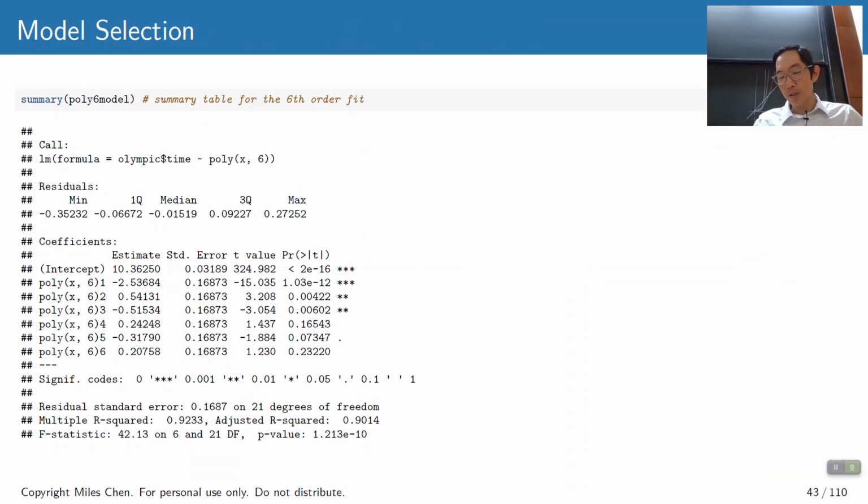So here is the summary output when we have the 6th degree polynomial, okay? And we're looking at all of the different components, linear, quadratic, cubic, and so on and so forth. And these ones are significant and these ones aren't significant. So maybe that just means the 3rd order polynomial is the one that we want to go with, all right?